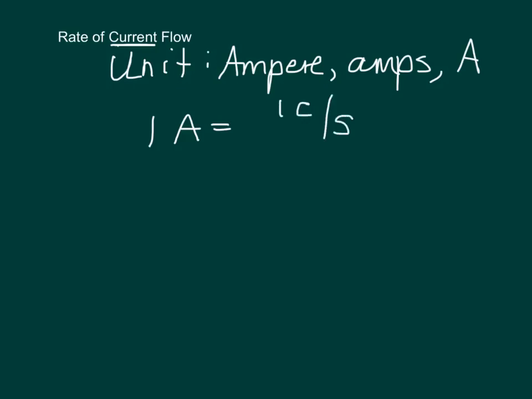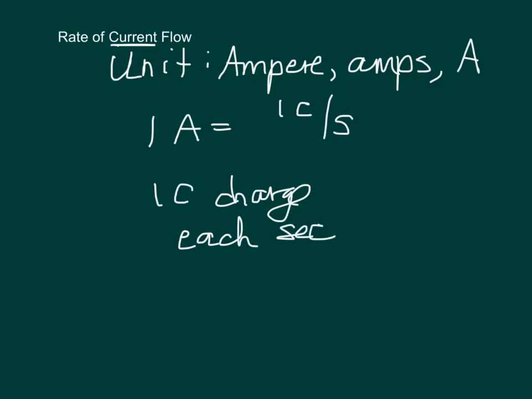So when a current of 1 amp passes through an electric circuit, 1 coulomb of charge passes a given point in the circuit each second. That's what 1 amp means. So it tells us how fast our charge is flowing.